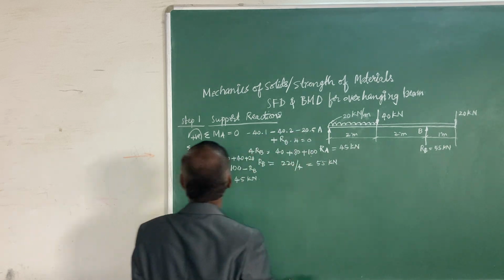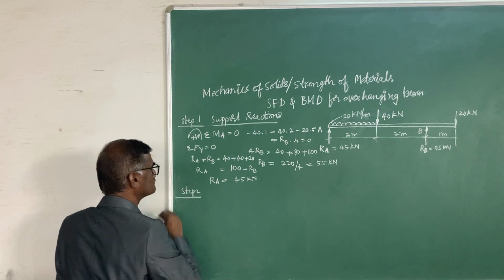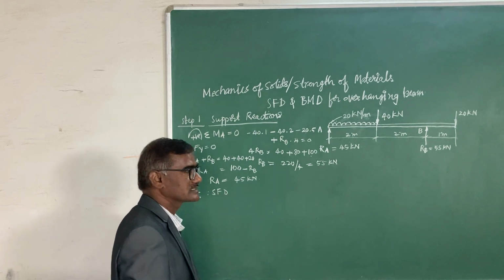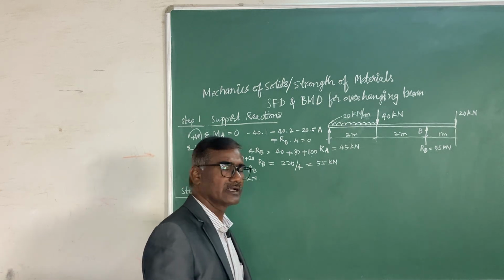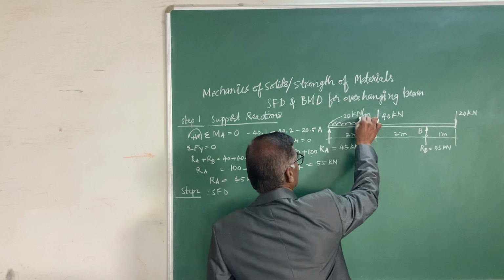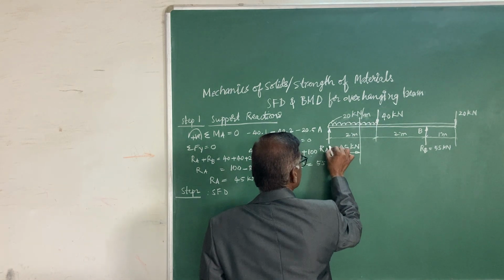After determining this, your second step, step number 2, is the SFD, equations for SFD. Let us write down the equations, and before writing the equations, let us select the sections. I am selecting the first section within the UDL, which I am calling my x1 distance.